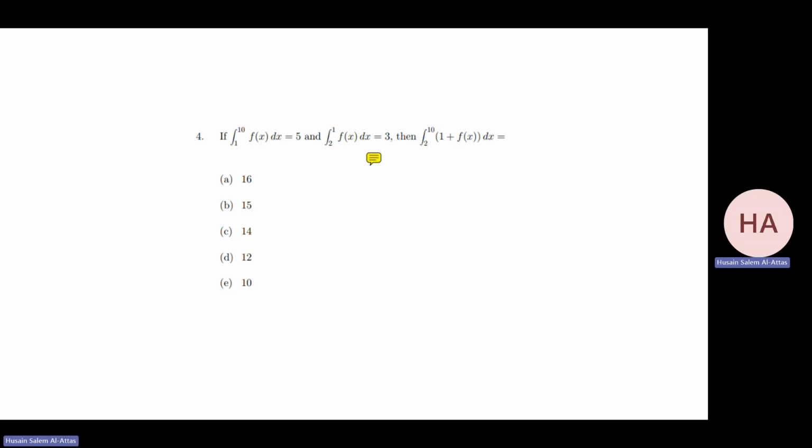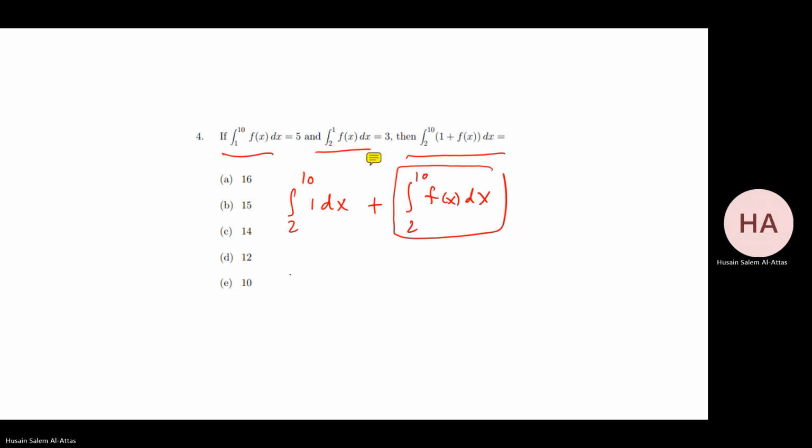1 to 10 equals this, 2 to 1 equals this, you want this. So I have the integral from 2 to 10 of 1 dx plus the integral from 2 to 10 of f of x dx. This one, how to do? I need to use these two. This one will be x from 2 to 10.